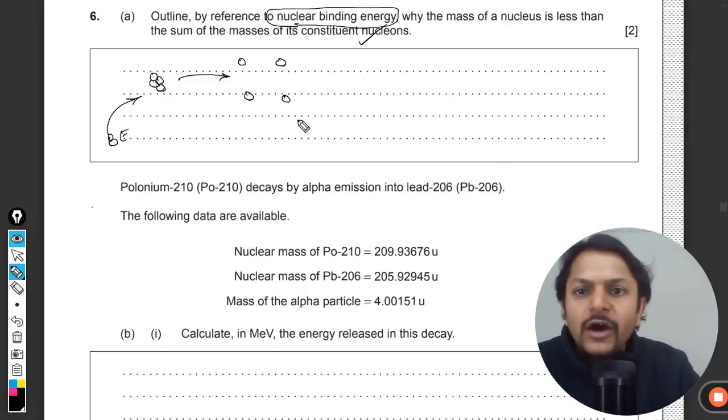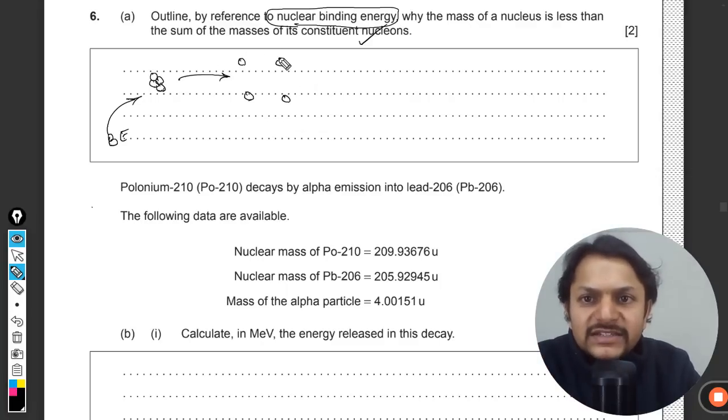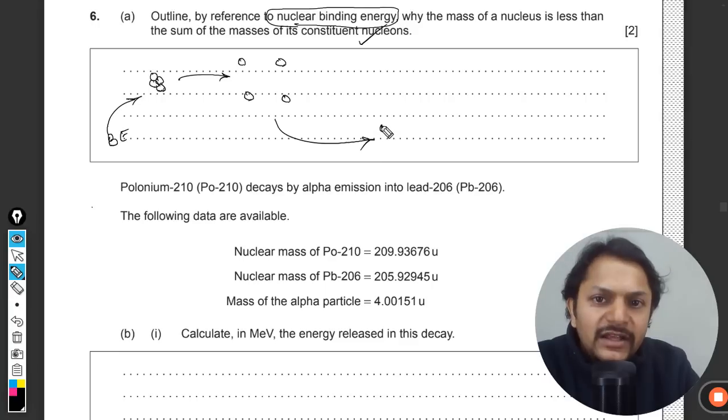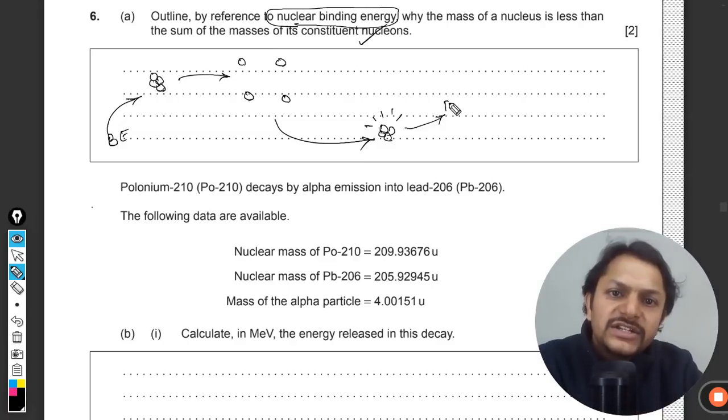Okay, now binding energy can be defined in another manner also. So these nucleons are now coming together and creating a nucleus. If they're coming together and creating a nucleus, they will be releasing some energy. So the energy released is called the binding energy.